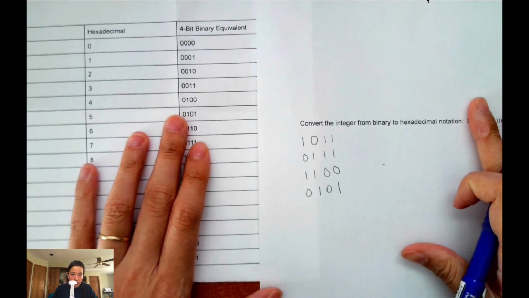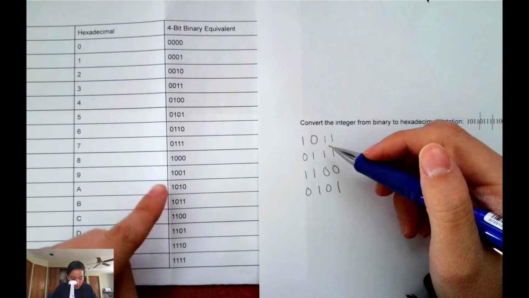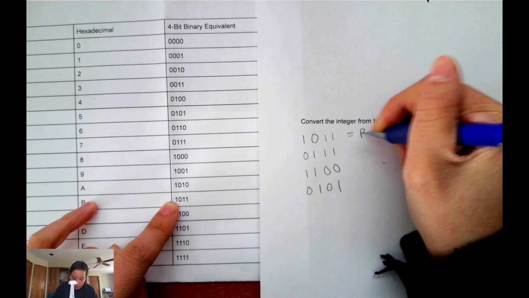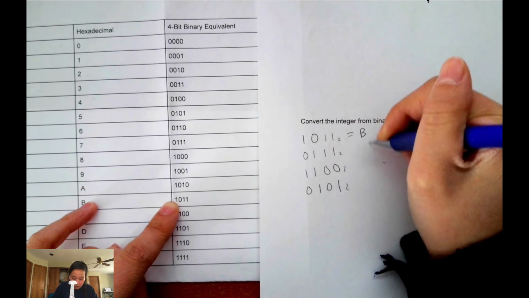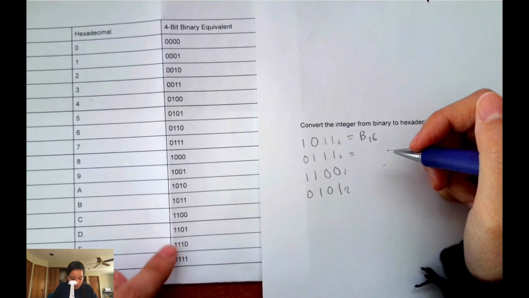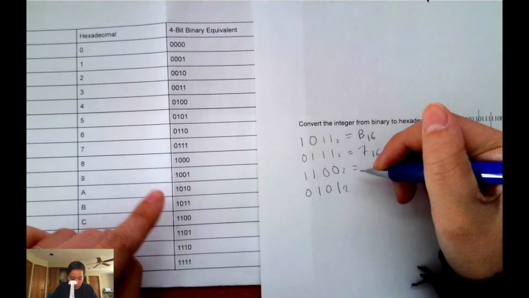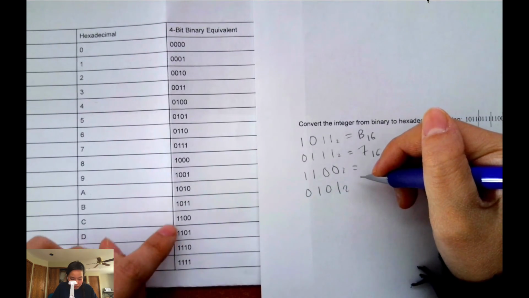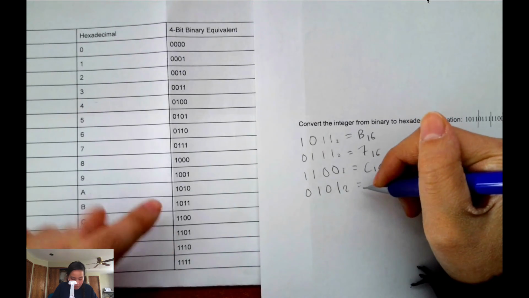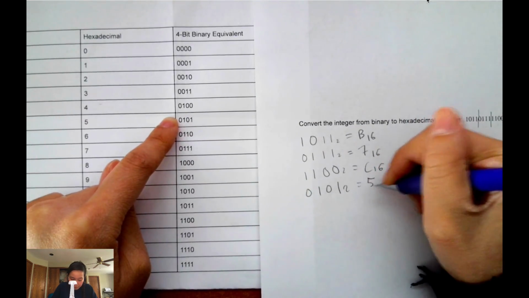So 1011 is B. 0111 is equal to 7. 1100 is equal to C. 0101 is equal to 5.